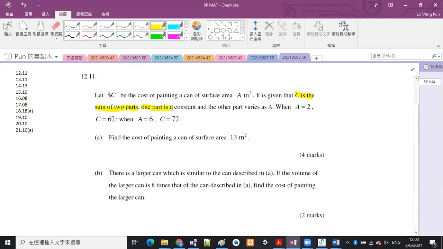And then one part is a constant. The other part varies as A. Those are the keywords. Can you see? Let's highlight those keywords.